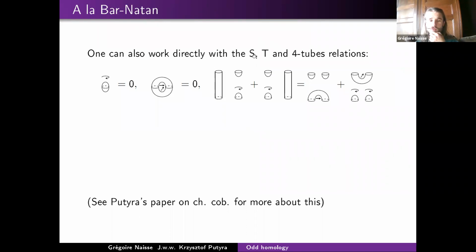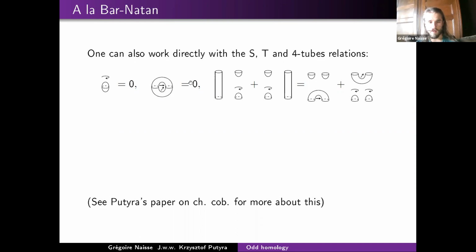So what you do is you look at the linear category of cobordisms, and you throw in some relations, and then the homotopy type of the Khovanov complex inside this category of cobordisms is already a link invariant. And it appears that you can do the same thing in the odd case, and the relations are basically the same, except that now the torus is sent to 0.